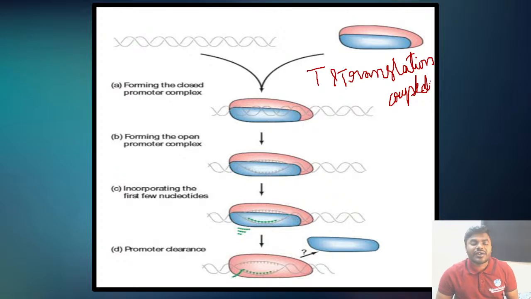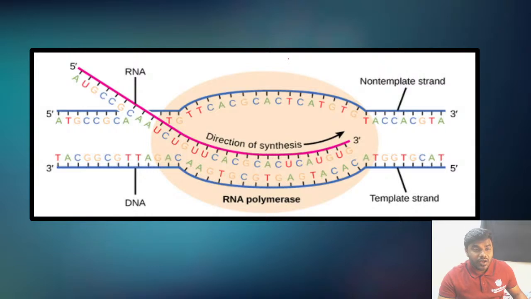Once again, understand, transcription and translation are coupled in nature. What do you mean by that? Everyone understand, friends, look into this. This is the RNA polymerase enzyme. This is the non-template strand. This is the template strand. My friends, what is coming out? You all can see, friends, RNA is coming out.